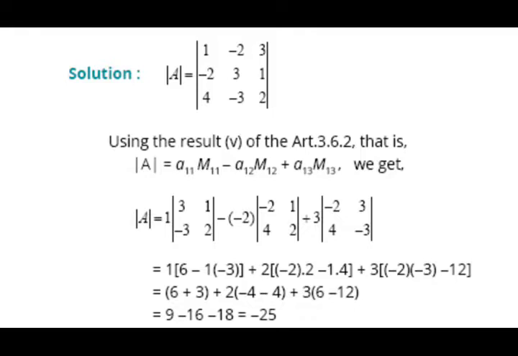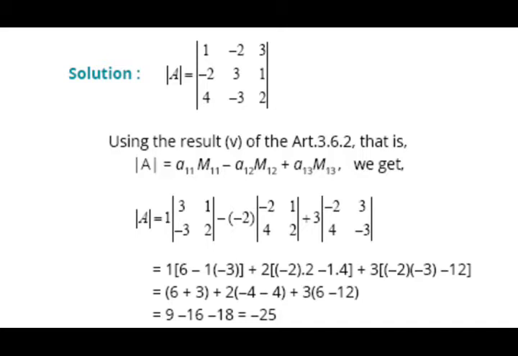The remaining values are 3, 1 and minus 3, 2. a12 is minus 2, and for its minor we drop the first row and second column, leaving minus 2, 4 and 1, 2.